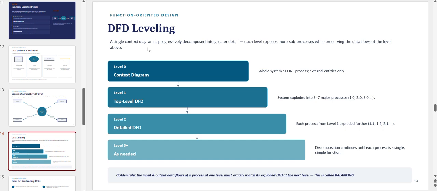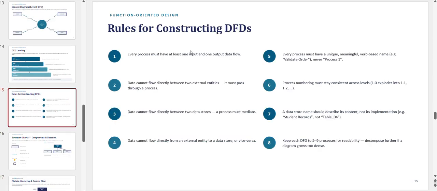Level 1 is the system exploded into 3 to 7 major processes. Level 2: each process from level 1 is exploded further. Level 3 is where decomposition continues until each process is a single, simple function. The golden rule is that the input and output data flows of a process at one level must exactly match its exploded DFD at the next level. This is called balancing.